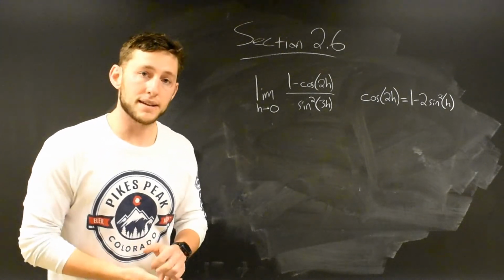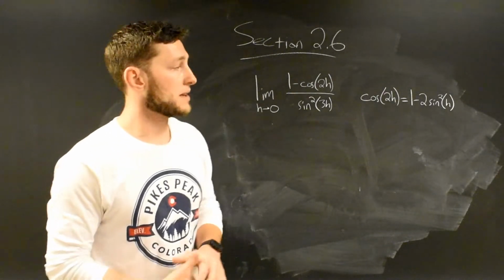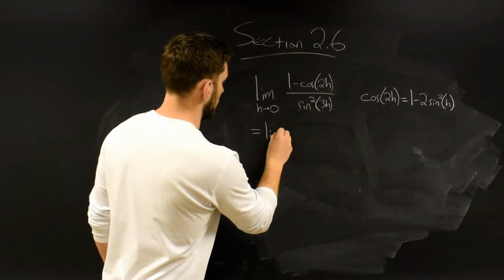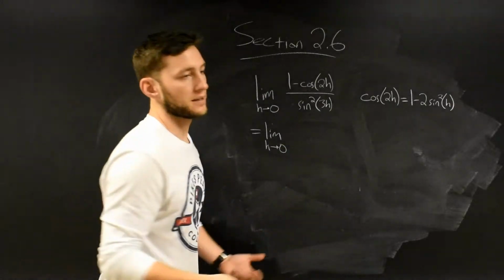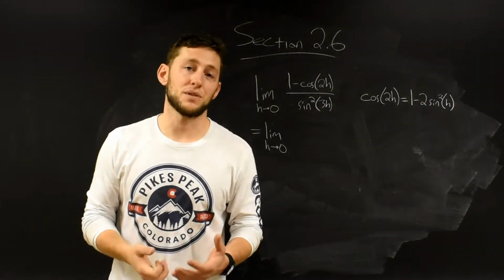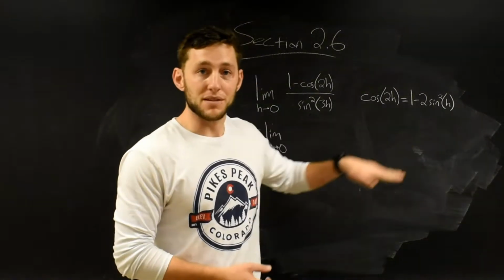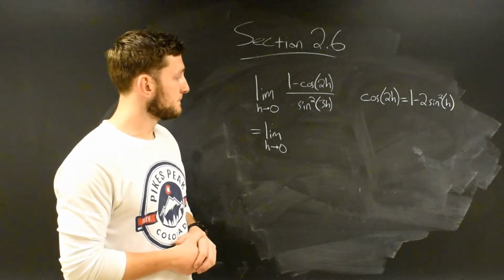Since we know this identity, we can go ahead and use this to compute. This is why this section is called trig substitutions as well, because ultimately you might have to use some of these rules that we learned in pre-cal.